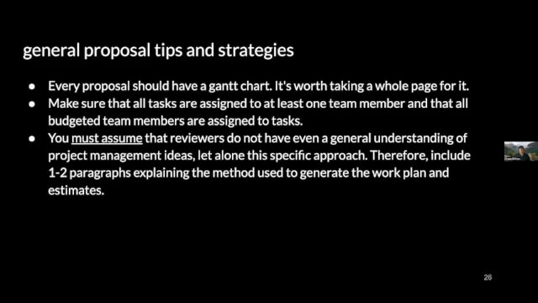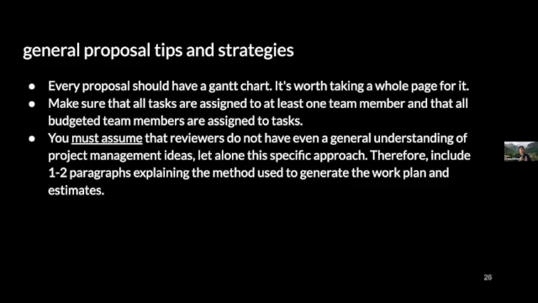And as a final point, this was sort of my first point, it's also my final point: you have to assume that reviewers don't have an understanding of this project scoping and estimation procedure, and if left unexplained, they will perhaps not unreasonably assume that you have completely pulled all of these numbers out of thin air and you have no basis for them.